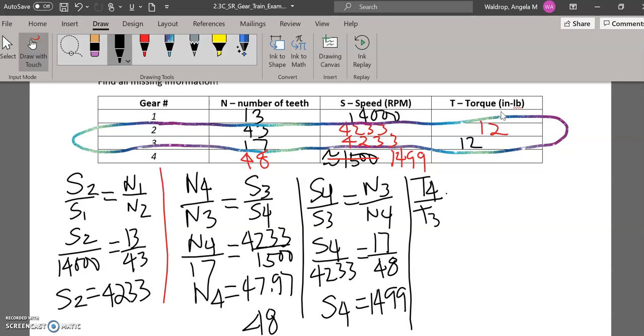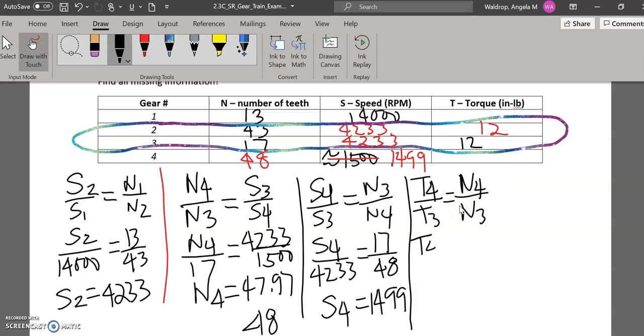Now here's where the difference is. I always like to work with number of teeth and torque directly. Okay? I don't like to work with speed and torque, but you can do either if you like. Number of teeth and torque have a direct relationship. So that means over here, I'm going to write N4 over N3. You can see that the subscripts are not switched. Okay?